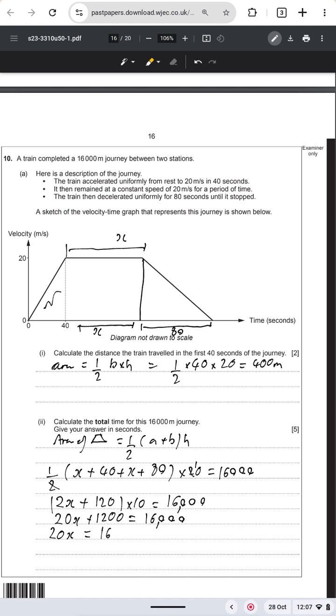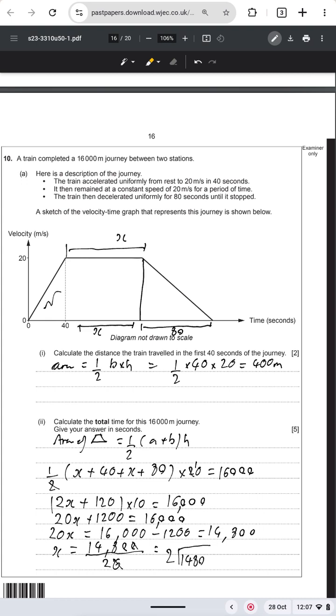So if we take the 1,200 over to the other side, that will give us 14,800. So x is equal to 14,800 divided by 20. So that will cancel with that. So we end up with 2 into 1,480.